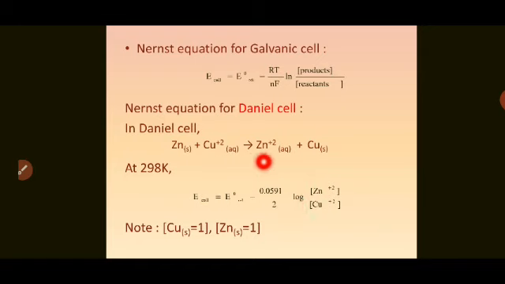Why does 2 come? Because there is a loss of 2 electrons and a gain of 2 electrons. So log of Zn^2+, that is the product in aqueous form, over Cu^2+, which is the reactant. In this case we have to consider only the aqueous medium, not the solid, because the concentration of solid metal is taken as unity, that is 1. So no need to consider the solid; only the concentration of the aqueous solution is considered, which is given as a note.